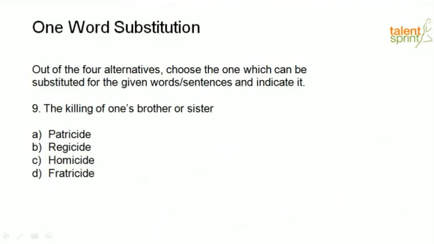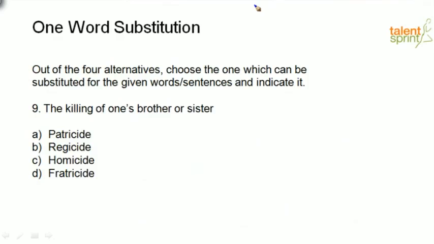The killing of one's brother or sister. In fact, we looked at a couple of words in our previous example, right? Patricide and homicide. We already know what those are. Patricide, we said killing of one's father. Homicide, we said one human killing another human. So we're only left with B and D, regicide and fratricide.